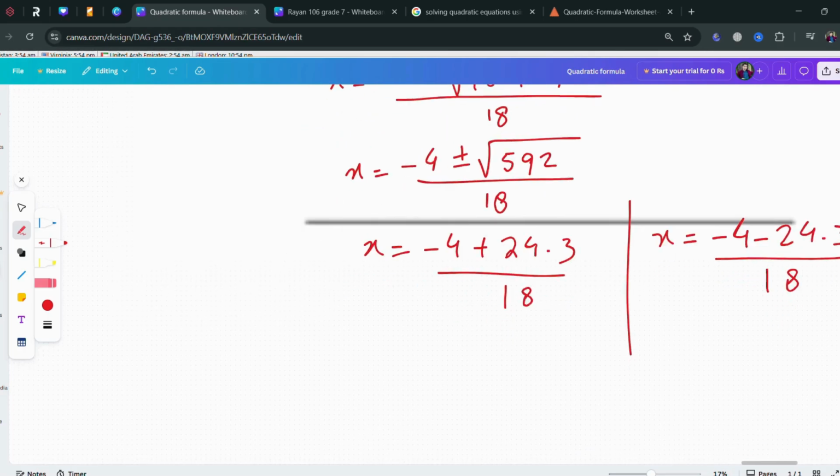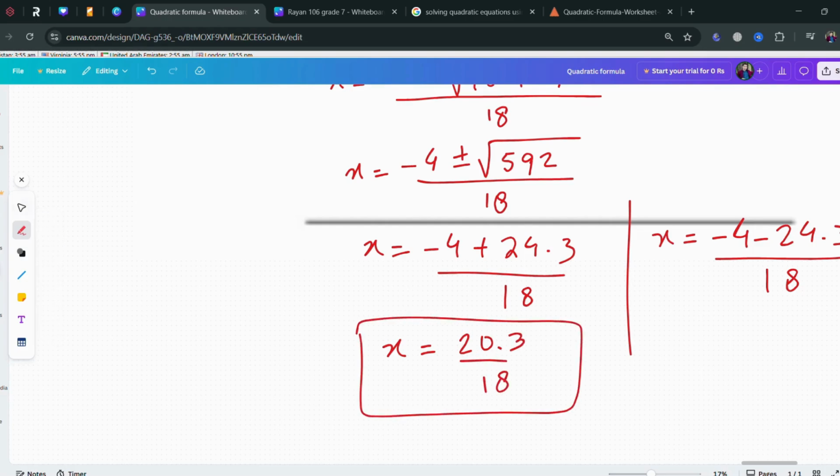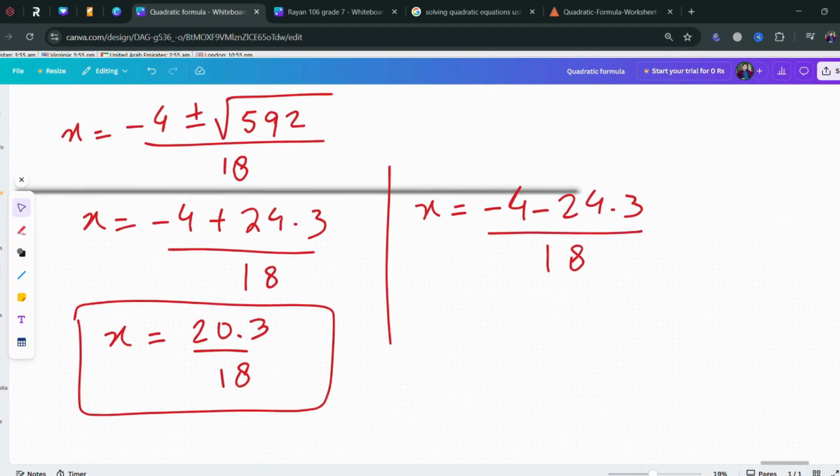Okay, so that is x equals to, if I just subtract 4 from it, 24.3 minus 4, that's equivalent to 20.3 over 18. Okay, you can further simplify it as well. But I'm just leaving it till this point so I can move towards the next question. And for the other, minus 4 minus 24.3 will become minus 28.3 divided by 18.